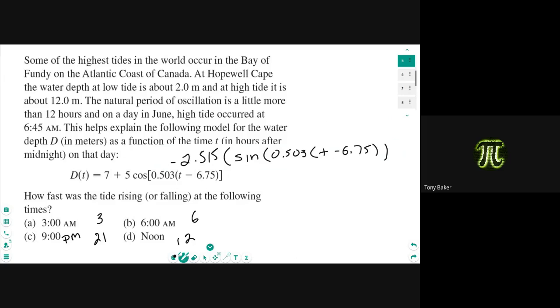Yep, so it's falling around negative 1.95, 1.9457. So it is decreasing.